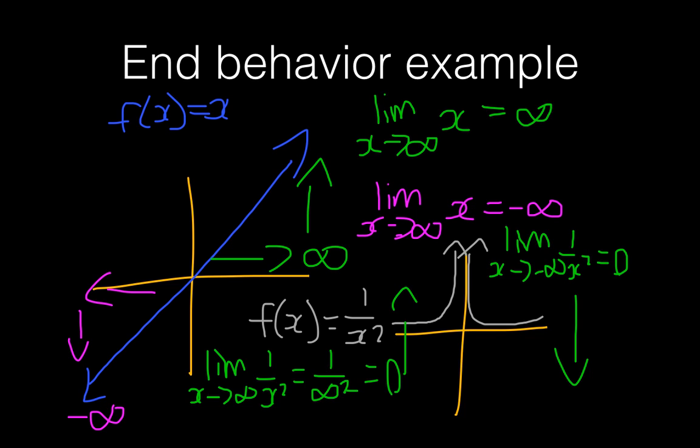So it means that as we move in either direction more and more, we are going to be approaching 0. Because of this, we never actually reach 0 and we never go below 0. There is going to be a horizontal asymptote at y equals 0.